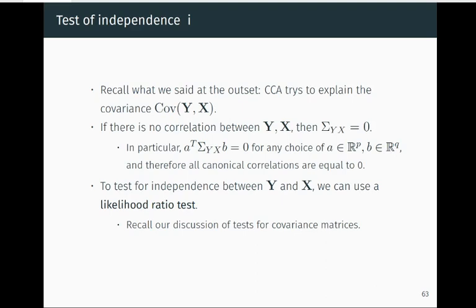In particular, any quadratic form of the form A transpose times the covariance matrix times B is going to be equal to zero as well for any choice of A and B, and therefore all of the canonical correlations are equal to zero. So to test for independence between y and x, we can use a likelihood ratio test, as we discussed during the lectures on tests for covariance matrices.